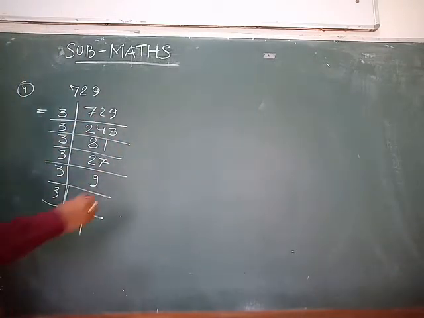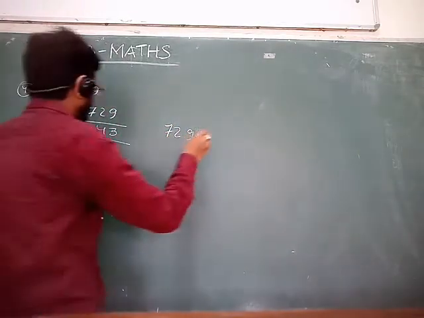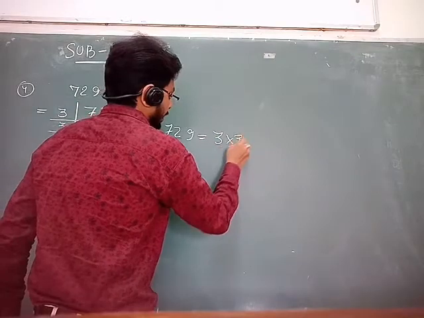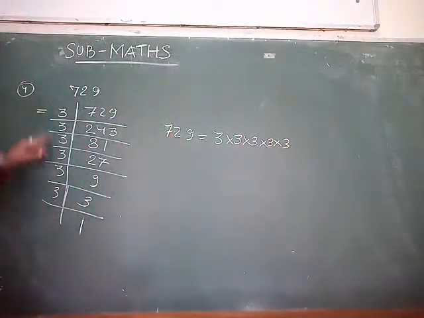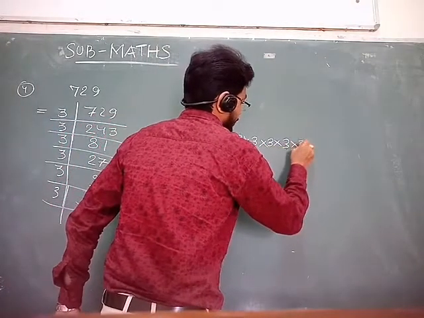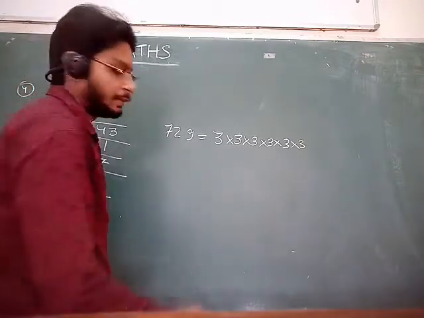How will you write it? You will write 729 is equal to 3 into 3 into 3 into 3 into 3 into 3. How many 3s? 1 2 3 4 5 6. Now you have to find the square root of 729.